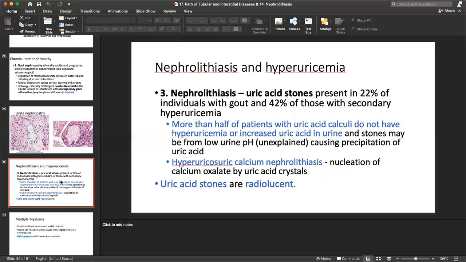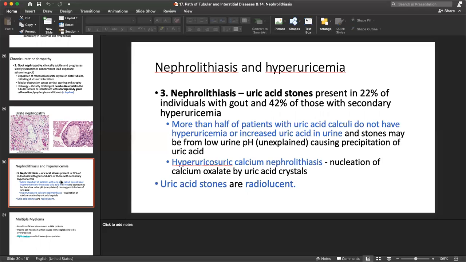Okay, nephrolithiasis and hyperuricemia. We've got uric acid stones, and more than half of the patients with these stones don't have any hyperuricemia or increased uric acid in the urine. And these stones may be from a too low urine pH.